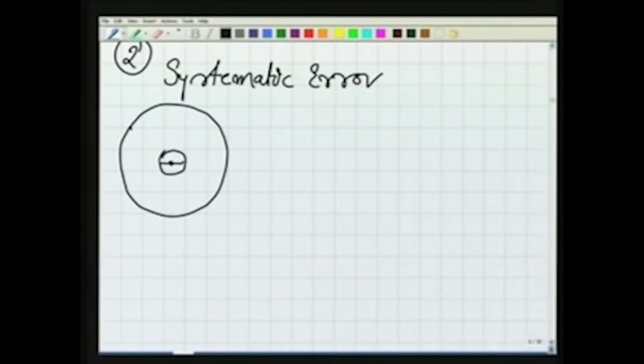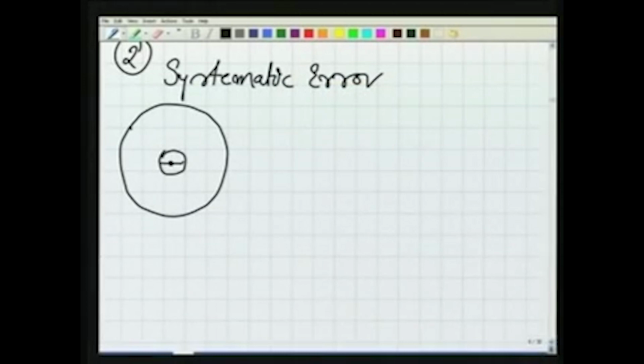Let us say you are not aware of gravity. You are a very good fireman, but you do not know that gravity exists. So you are trying to target the center, but because of gravity all your bullets are coming down here. Okay, maybe a little one will go there, but most of the bullets will be coming here.